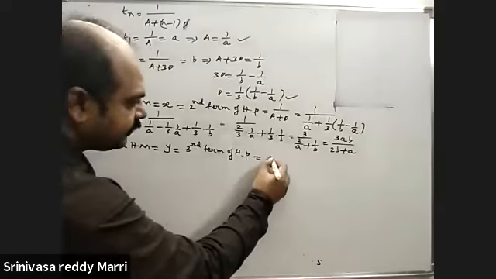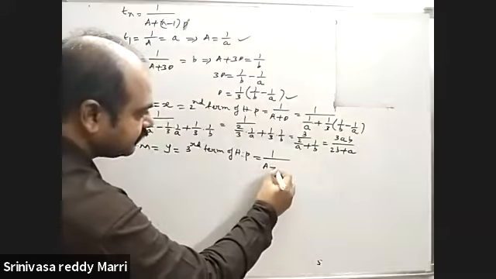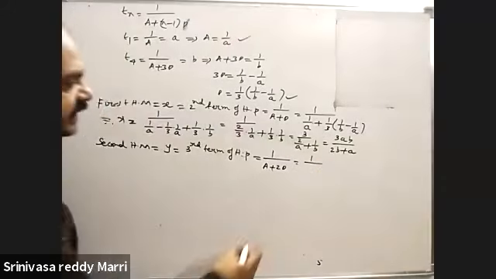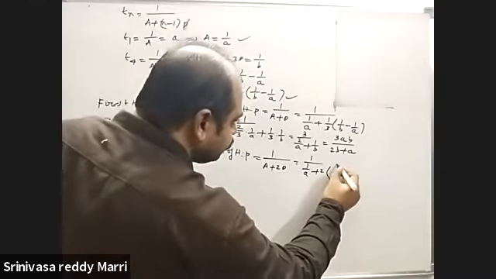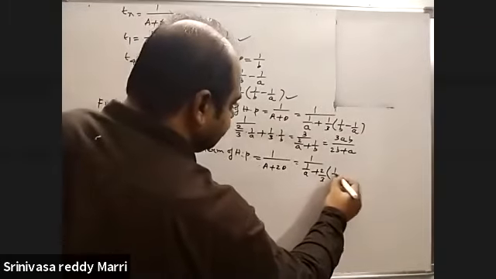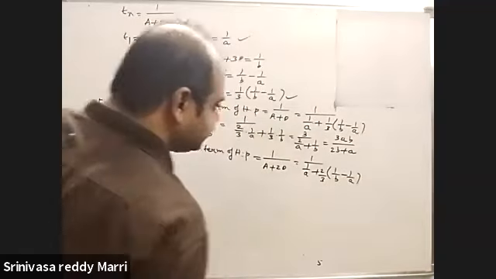Third term. Third term means 1 by (A plus 2D). That means 1 by a, plus 2 into, substituting D, 1 by 3 into (1 by b minus 1 by a).